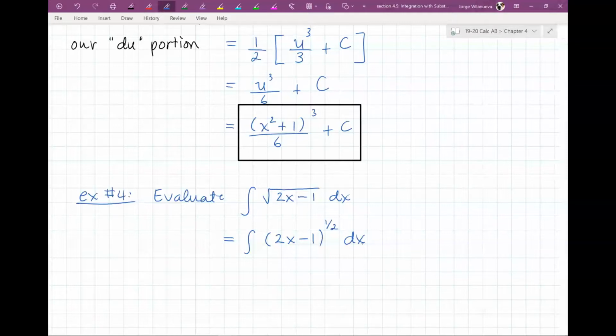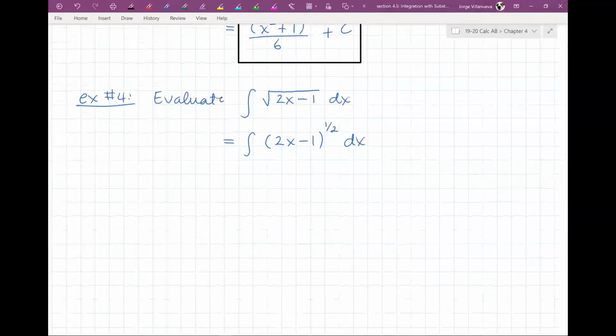So what I'm going to do is what I've been doing with the other problems. I'm just going to look at the term with the highest power, which there only seems to be one, 2x minus 1. And I'm going to let u equal that. So let's let u equal 2x minus 1.